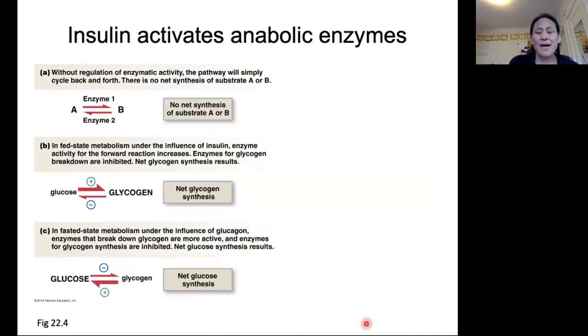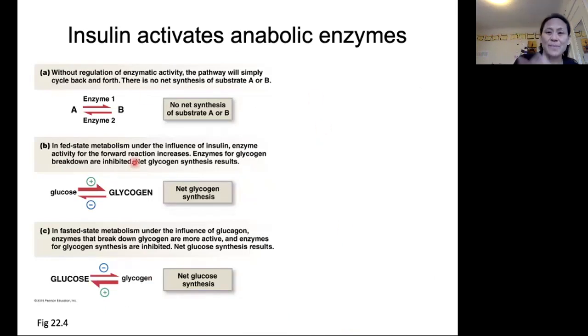Okay, so a couple slides ago, I showed you that insulin is going to favor anabolism. But I want to take a moment right now to address this question of, well, what does that mean? What does it mean to favor anabolism? How do you do that mechanistically? How do you promote anabolism?